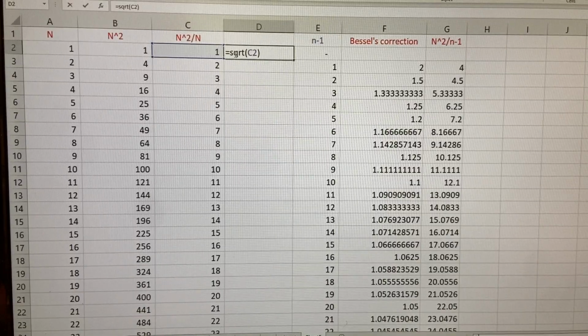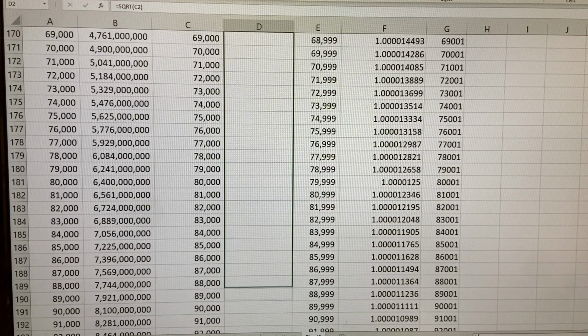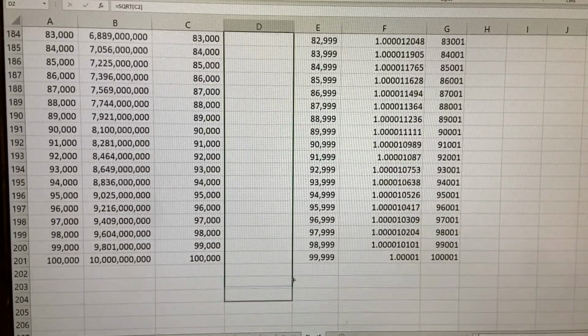Close the bracket, and of course it's gonna be 1 there, but the square root of 2 is some more decimal places. How about 6 decimal numbers? So the square root of 2 is 1.4, square root of 3 is 1.7. Nice, so it's working. Let's go down to 100,000 here quick.